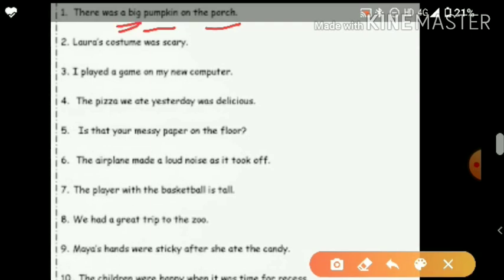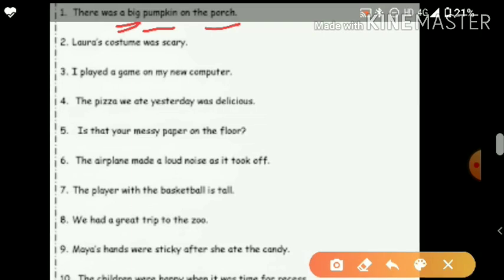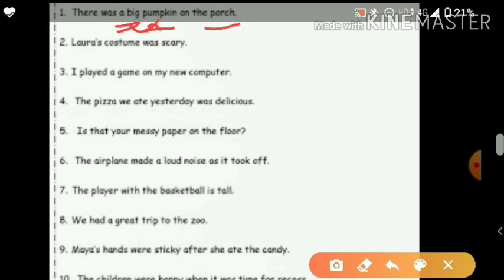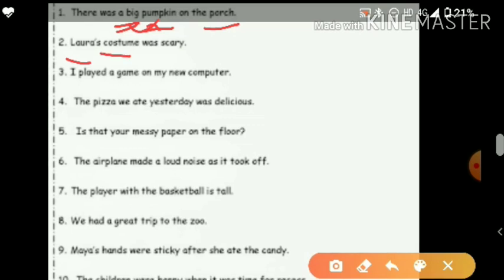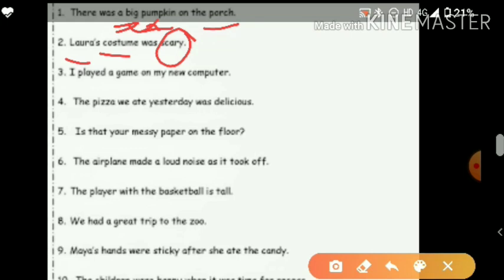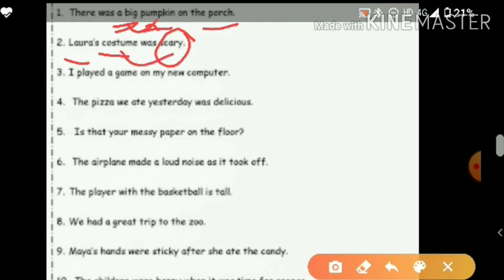Big pumpkin. So big is the adjective, because it is describing the noun pumpkin. Laura's costume was scary. Laura and costume are nouns, and scary is the adjective. Laura is not scary, the costume is scary, so it is describing the noun costume.